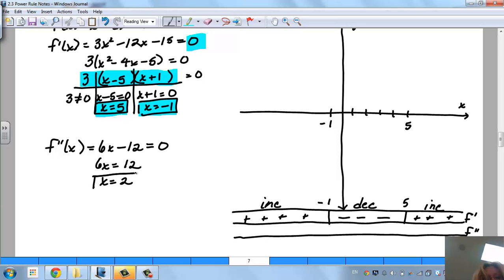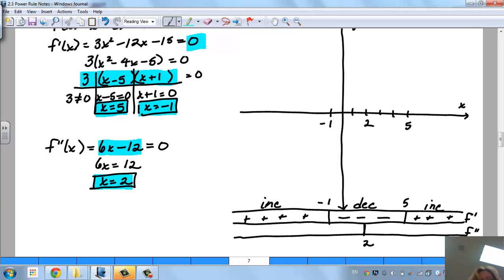Now this means the change in our concavity happens at x is 2. So here's 2, all right? And I'm going to come down on this bar, our f double prime bar, come down here, this is our 2, and we're going to talk about if it's concave up or concave down. Okay, so again, I want you to go back to this, and you can go back to factored form or whatever, but we're going to look at numbers to the left of 2 and to the right of 2 to see where our concavity is.